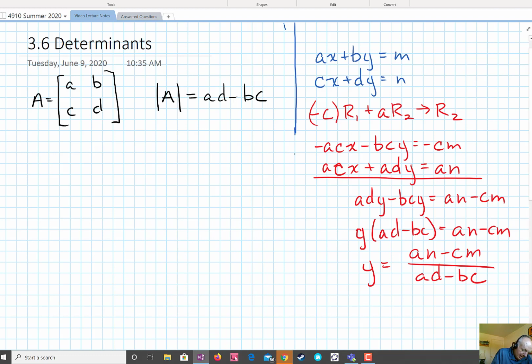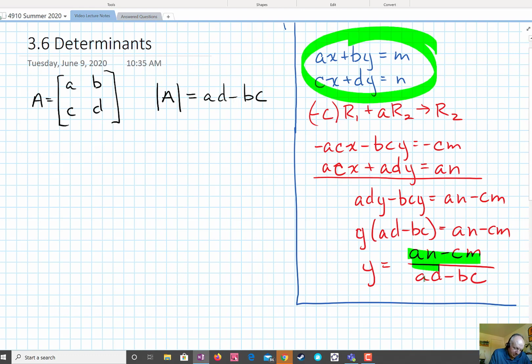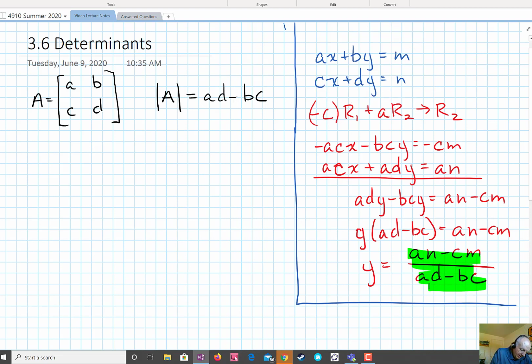Now what you need to notice is this. The y solution to our system is equal to this. And it will only exist if ad minus bc is non-zero, right? Because if that's 0, then this whole thing wipes out and there's no solution. But more importantly, look at that: ad minus bc, ad minus bc.